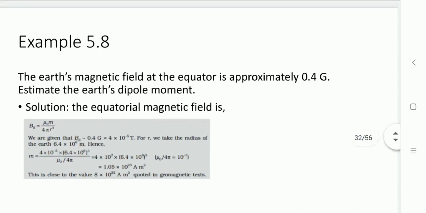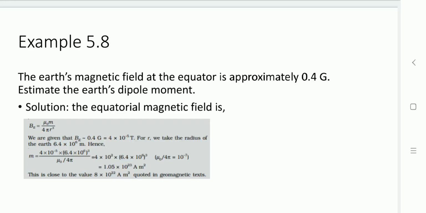So let us go through an example. The Earth's magnetic field at the equator is 0.4 Gauss. Estimate the Earth's dipole moment. See, the equatorial magnetic field is defined for the dipole. So for the equatorial field we have mu0 m by 4 pi r cube.